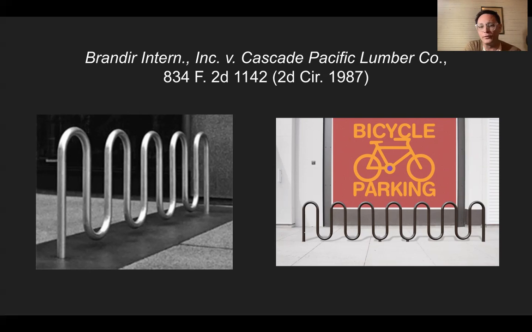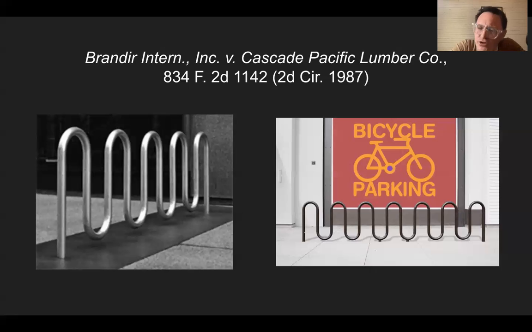What you're trying to claim is ownership of the functional aspects of both the use and manufacturing of the rack in question, and that's something copyright doesn't permit. And the Second Circuit ultimately agrees, saying that the Randir rack, while a great design, is not a copyrightable design.